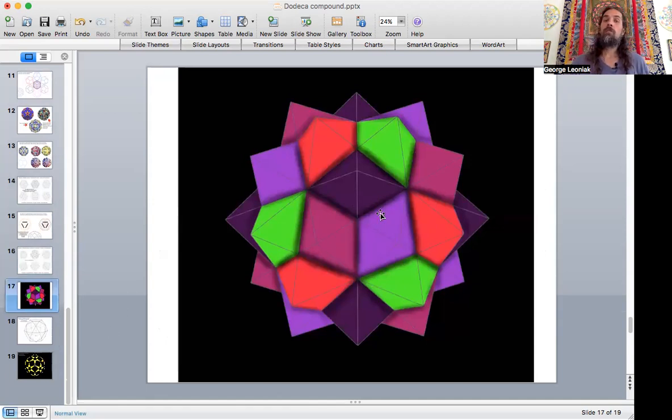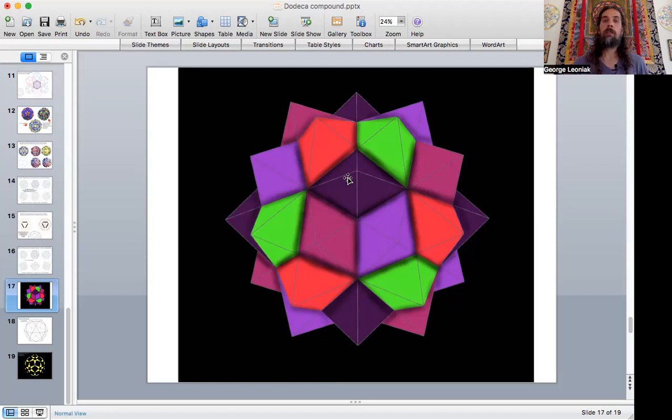Here it is, just to look at again, the color-coded octahedron here, so you can just focus on one, like the red one here, or this yellow one, and you can see that it's shaped of the compound of those octahedron.